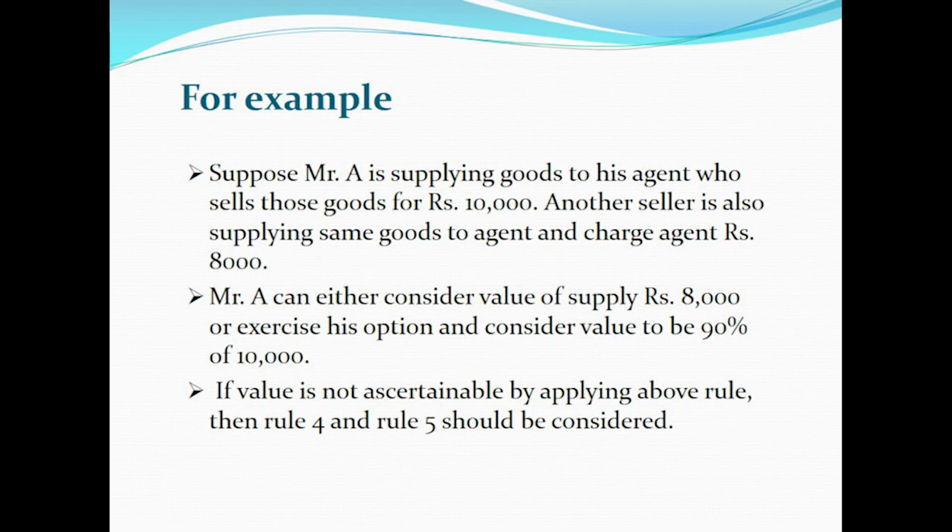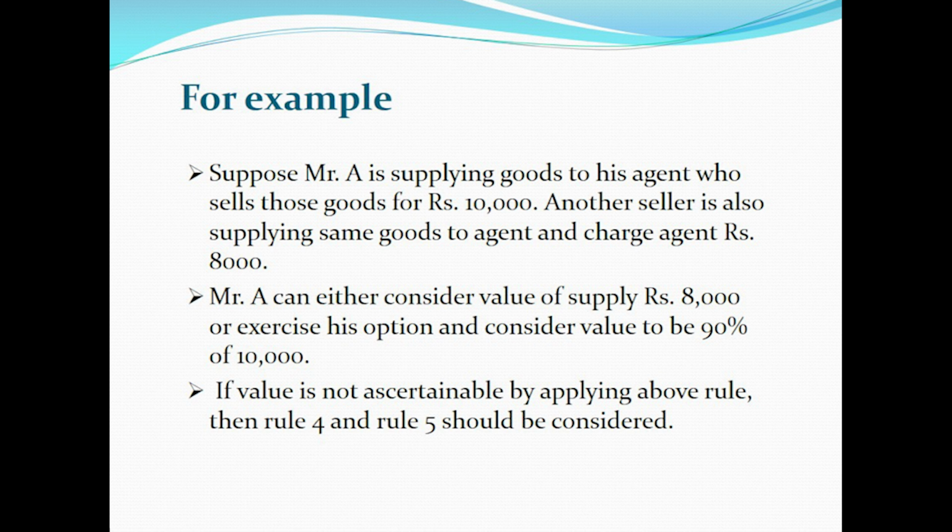Example: suppose A is supplying goods to his agent, who sells those goods for rupees 10,000, and another seller is also supplying the same goods to an agent and he charges rupees 8,000. In this example, your taxable value of the supply can be considered by Mr. A as either rupees 8,000, or he has another option to consider the value to be 90% of 10,000, that is, 10,000 is the price at which the goods are sold.